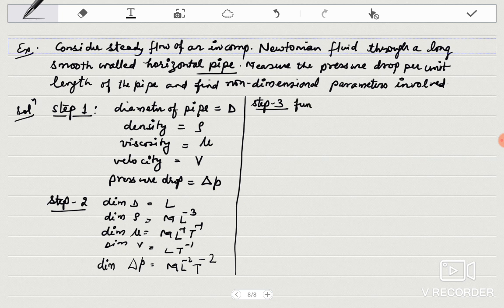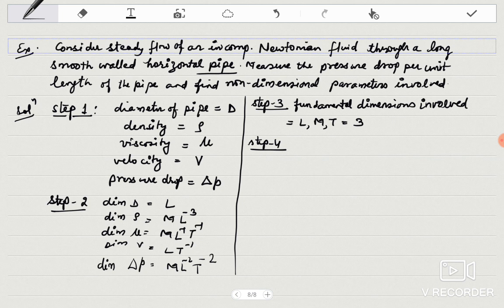So fundamental dimensions involved are L, M and T, that is 3. These are the reference dimensions. So step 4, choose the repeating variables. You have to choose 3 repeating variables because fundamental dimensions involved are 3.